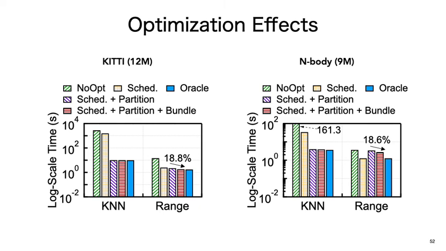Going from the baseline without any optimization, that's the slowest, the leftmost bar, adding scheduling, which is query reordering, significantly improves the search time. And by adding query partitioning and query bundling, we further improve the search time. Note that the y-axis is in log scale, and so even though the improvement might seem small, the gain is actually non-trivial.